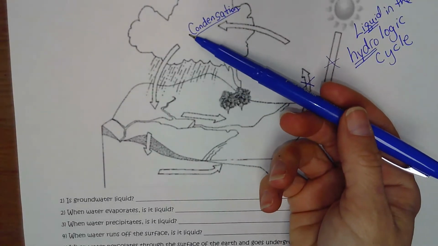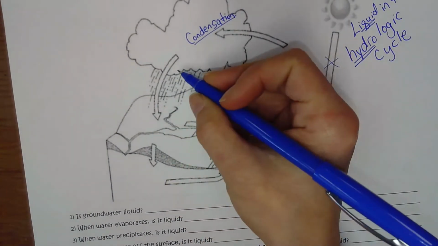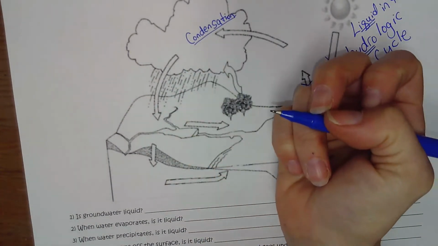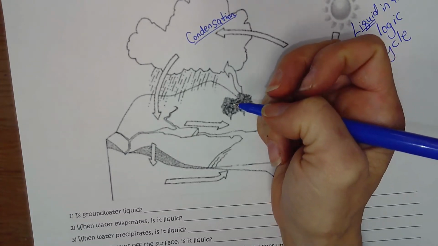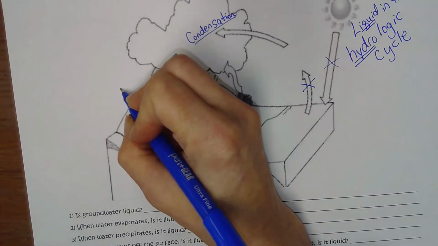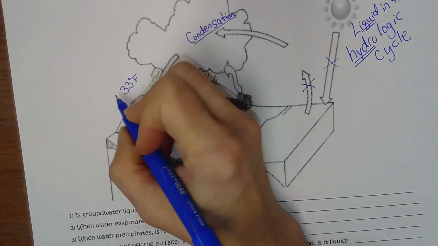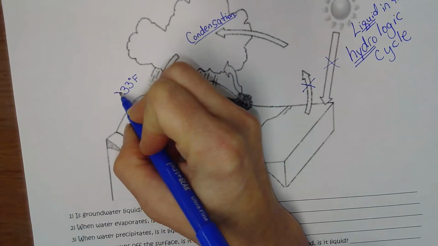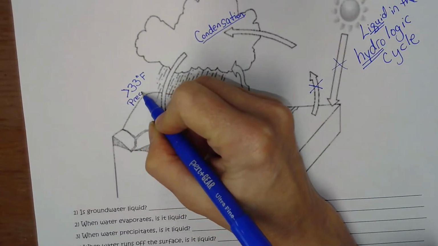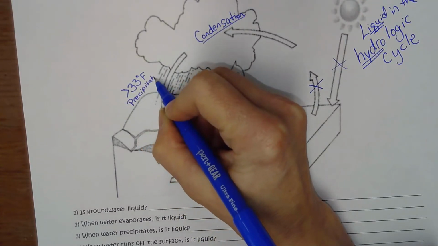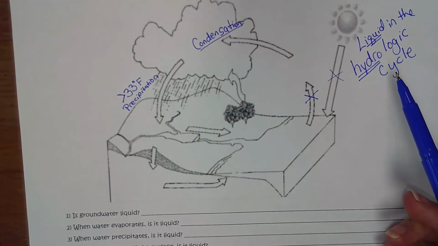When the condensed water falls to the earth, that is called precipitation, and it is sometimes a solid if it is below 32 degrees Fahrenheit. So 33 degrees Fahrenheit, if it is greater than, then we can call precipitation a place where liquid shows up in the hydrologic cycle.